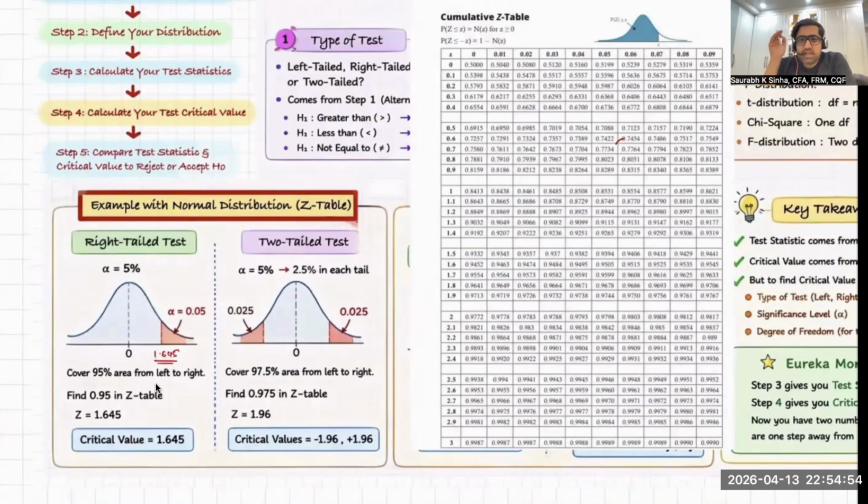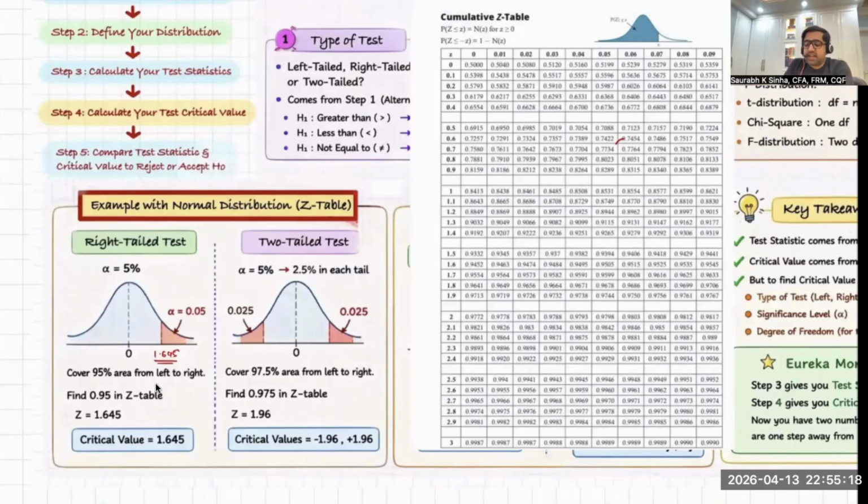If you don't know z score, please watch the normal distribution sessions. So the z value is 1.645 and this is your critical value. If this would have been a left tail test, then the z score would be negative 1.645, because it is a mirror image.